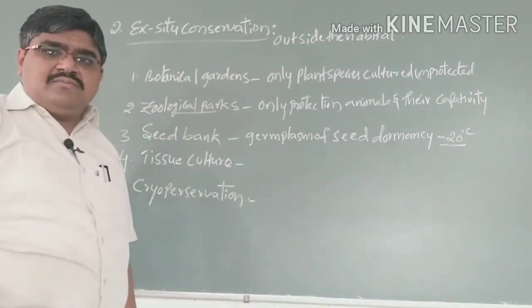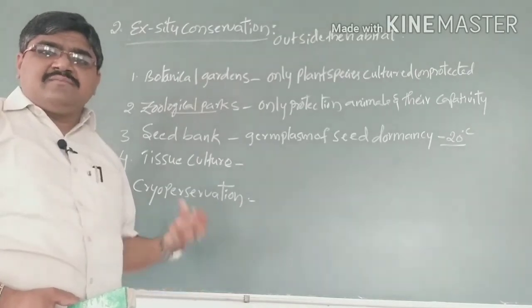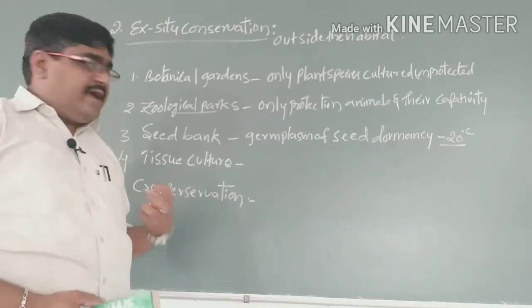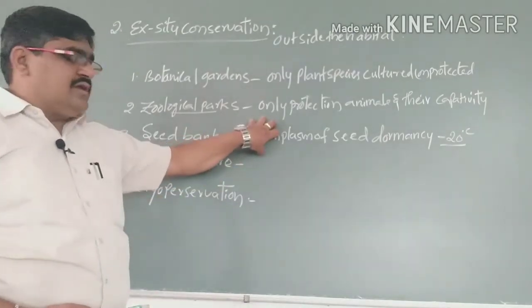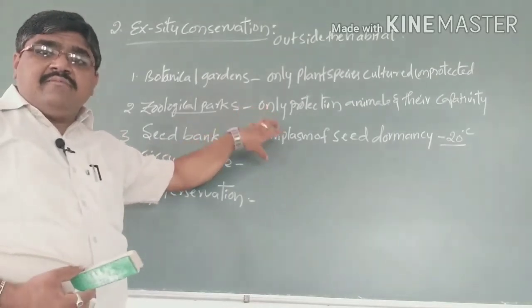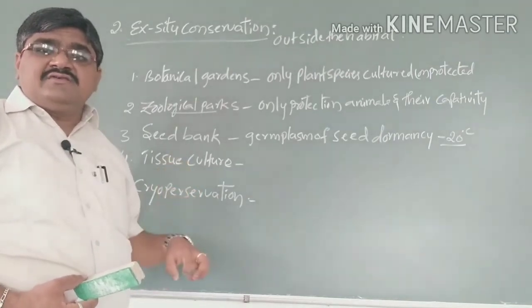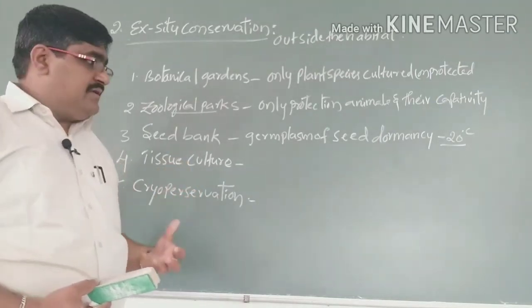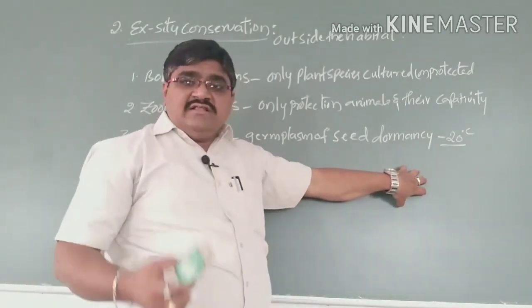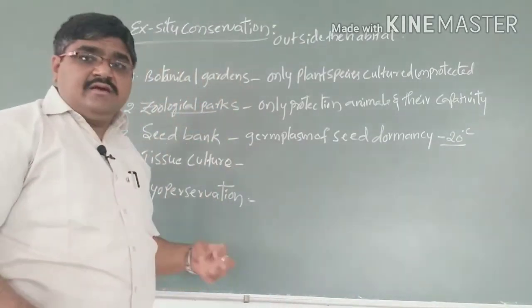With the help of this germplasm, the endemic or endangered species that are present can have their seeds stored and preserved. That means the species can be cultured with the help of these seed banks, where endemic or threatened plants' seeds are stored at minus 20 degrees centigrade, and a new variety of plants can be produced.